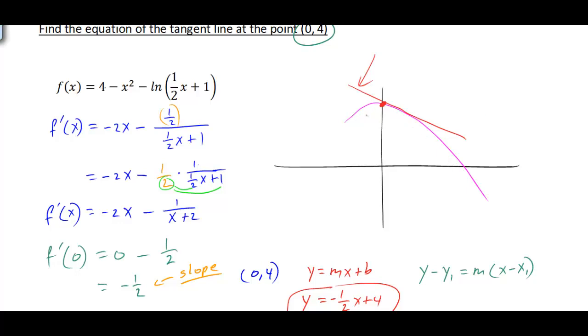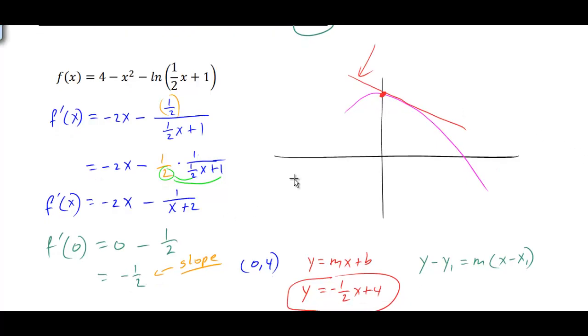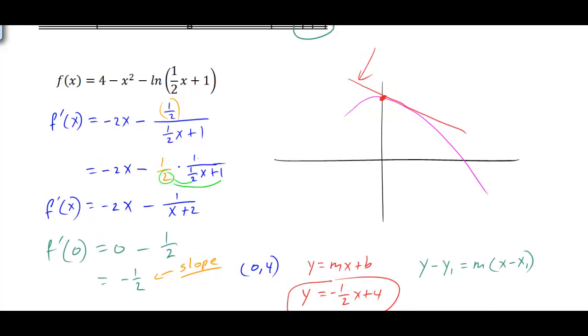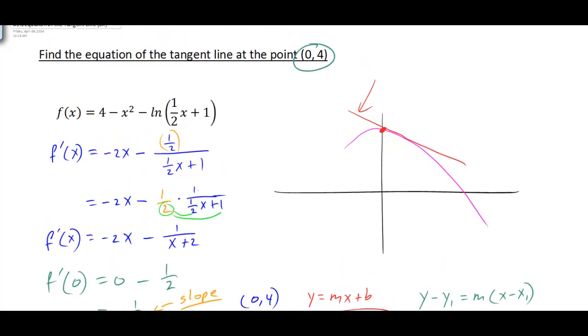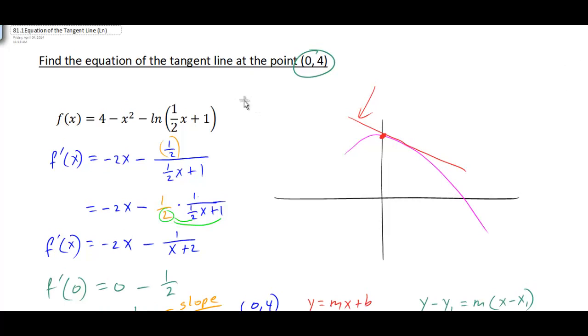At this point 0, 4, the change we found to be negative 1/2, which means as our y is going down 1, our x is going 2 to the right. So keep in mind that this is one of the applications of finding the derivative of a function.